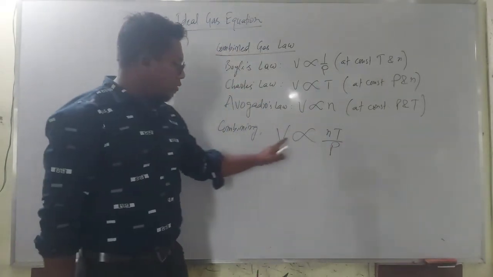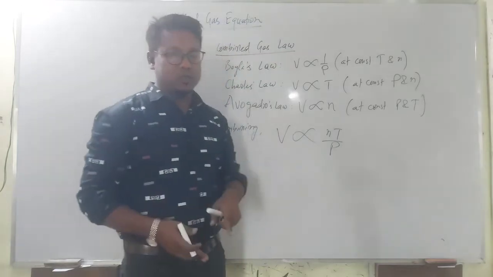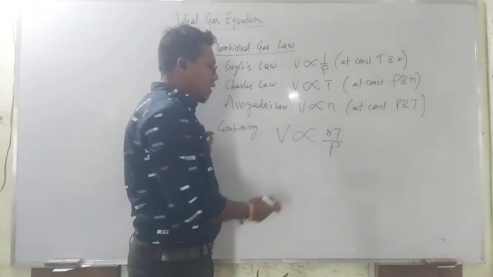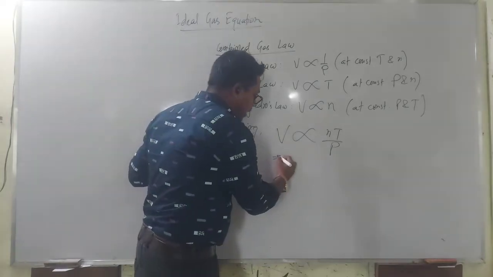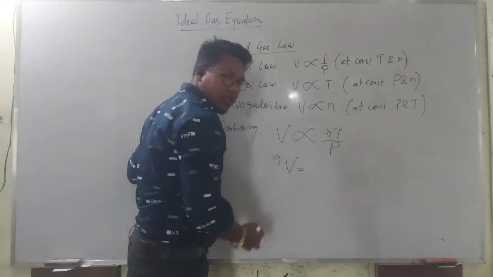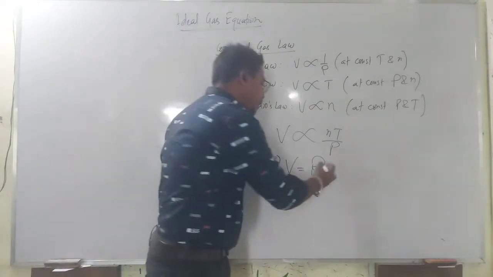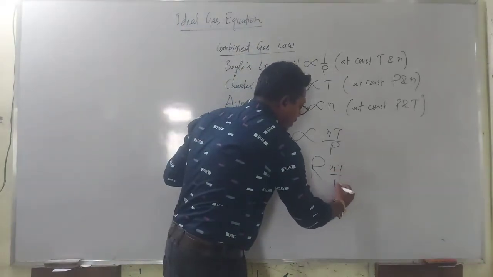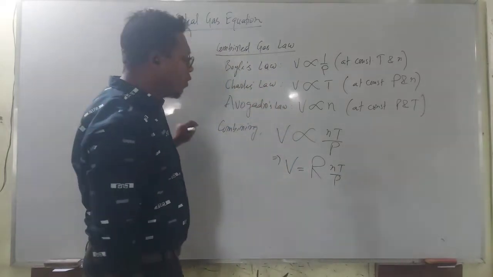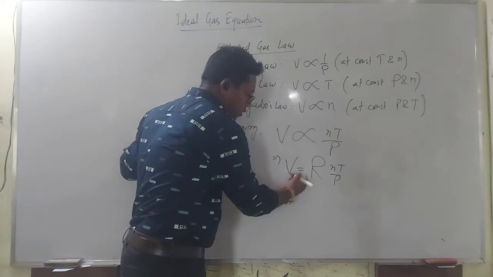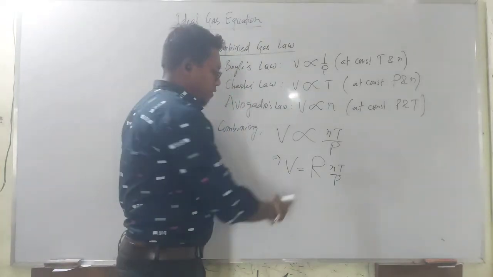When this proportionality is converted into equality, we keep a constant of proportionality, and in this case that constant is R, capital R. So V equals R nT by P. This R is called the universal gas constant.